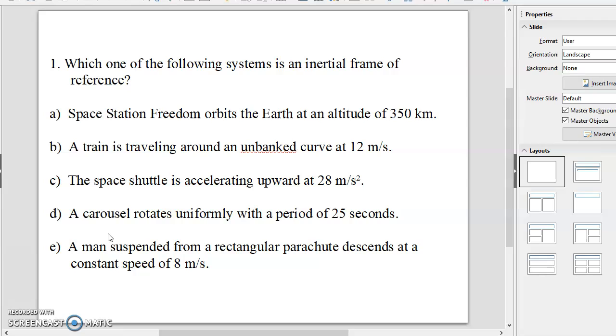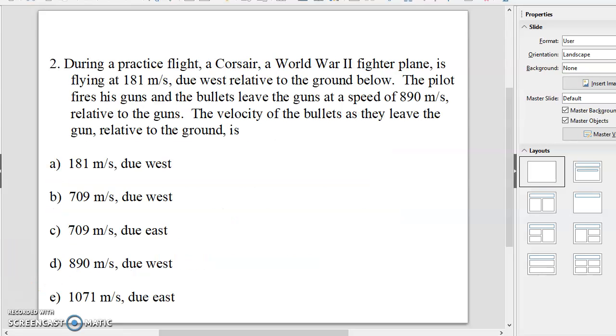A man suspended from a rectangular parachute descends at a constant speed of 8 meters. Next one. During a practice flight, a Corsair World War II fighter plane is flying at 181 meters per second, due west relative to the ground below.